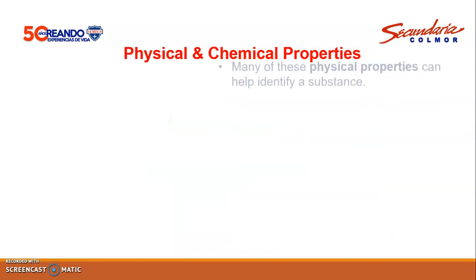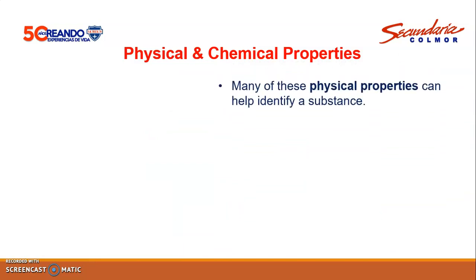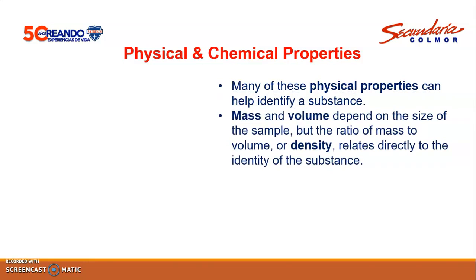Okay, next. Many of these physical properties can help identify a substance. It can be an element or a compound. Mass and volume depend on the size of the sample, right? But the ratio, that means the proportion of mass and volume, or density, relates directly to the identity of the substance.